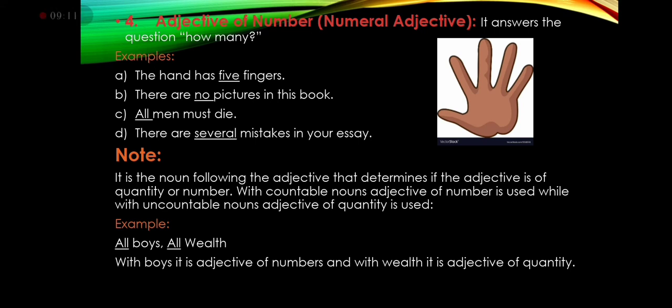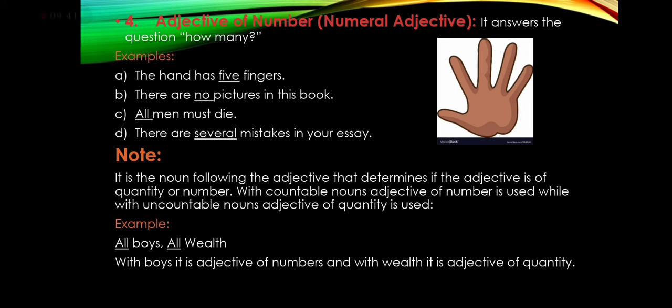Countable and uncountable are categories or kinds of nouns. With countable nouns, adjective of number is used, while with uncountable nouns, adjective of quantity is used. So whenever you have to find out the type, or you are given some MCQs in your exams, you have to see carefully whether the noun is countable or uncountable.